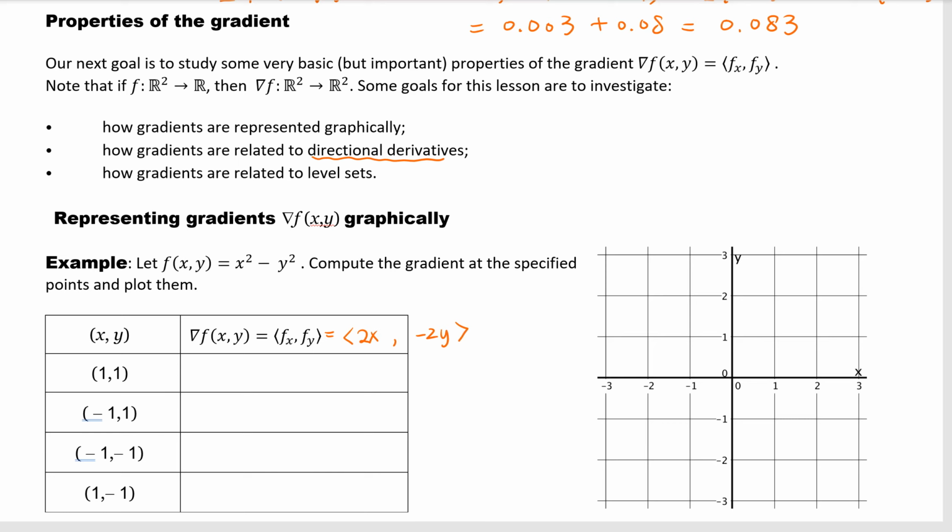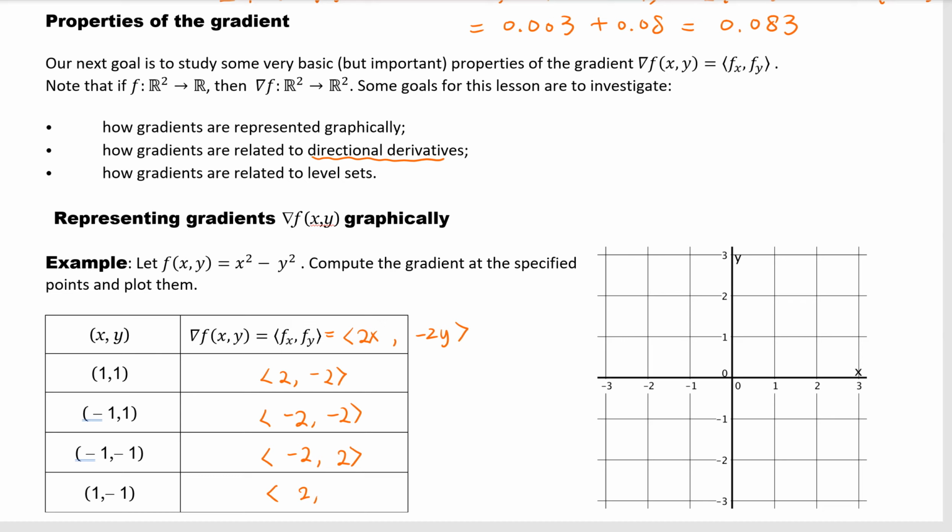So at the point (1, 1), we plug in x is 1 and y is 1, we get (2, -2). At the point (-1, 1), x is -1, so -2, and then y is 1, so -2. At the point (-1, -1), we get -2, and minus becomes positive, 1 minus 1 gives us 2.